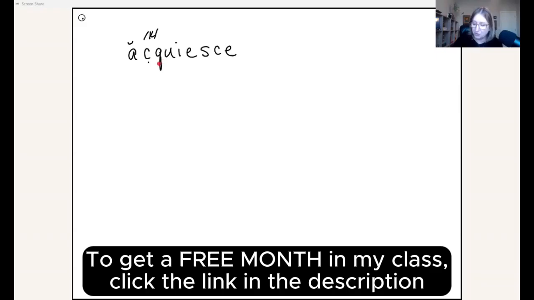However, QU, the sound for QU is this. If you'll notice, this K sound is the first sound in this double sound grapheme, which is the same as this sound. So these two sounds are going to blend into each other.